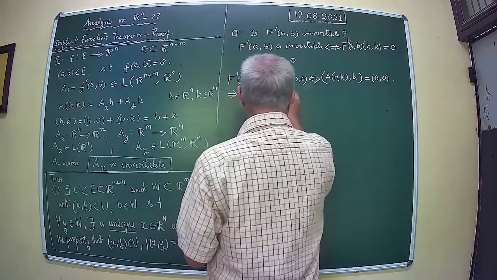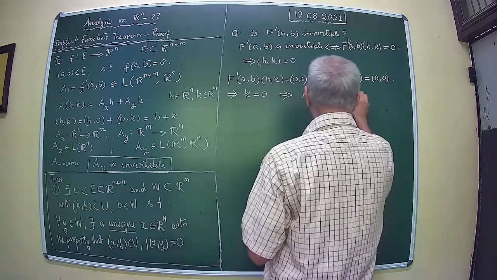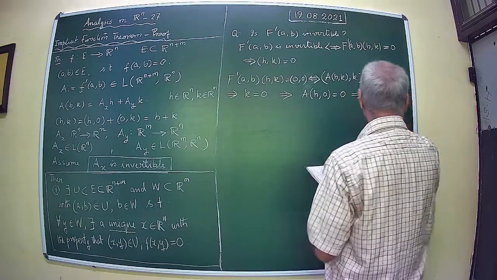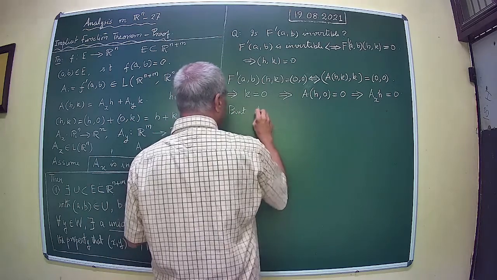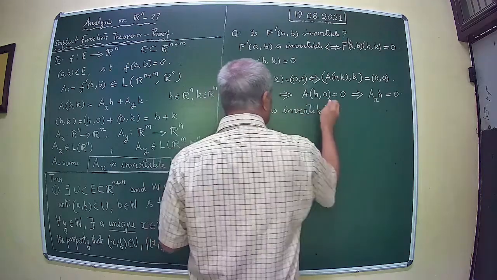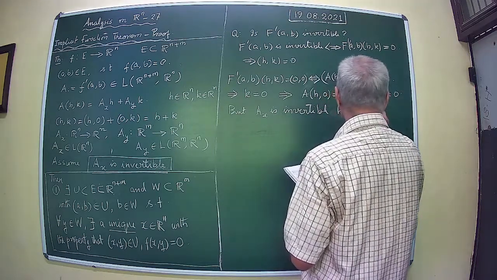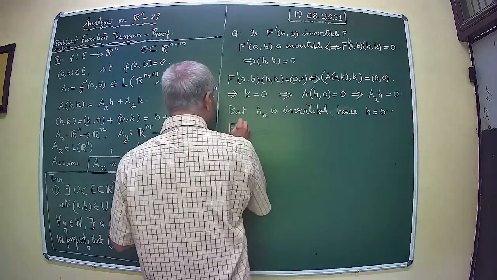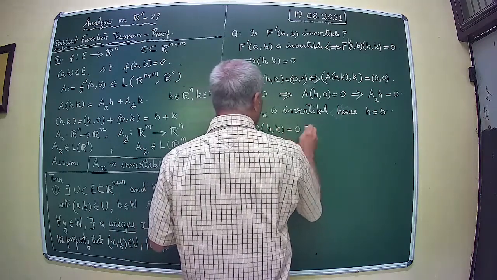Which implies A equal to 0, which implies equal to 0, but which implies hence so we have proved that f prime of AB of HK equal to 0.